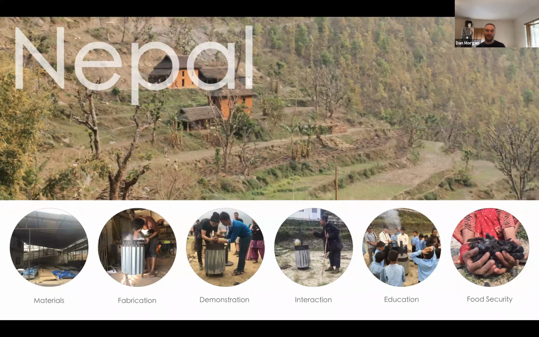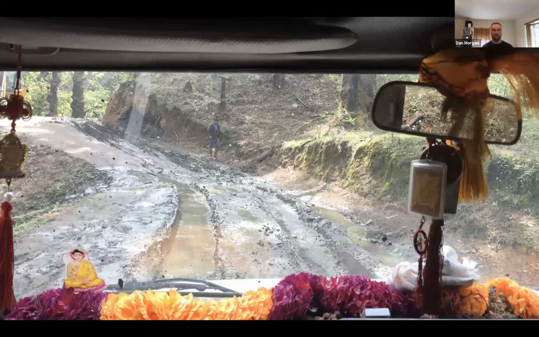So one of the big learnings: we designed the kiln to be small, so that you could wear it on your back, and that it could be made in remote regions. And this is a photo of us going up to a region called Biochar, and as you can see, this is supposedly a main road that buses go up and down. So getting supplies and materials in and out, particularly things like fertilizers and pesticides, is not viable when you're going up into the Himalayas or quite mountainous regions.